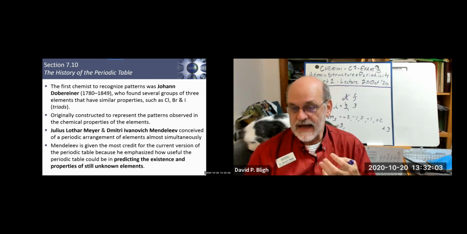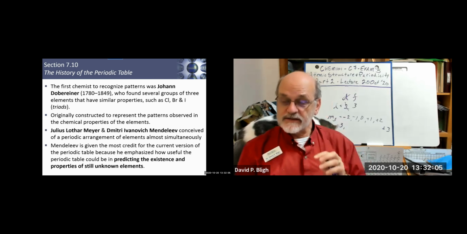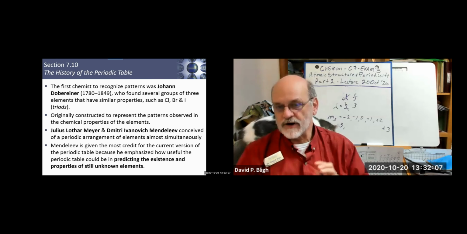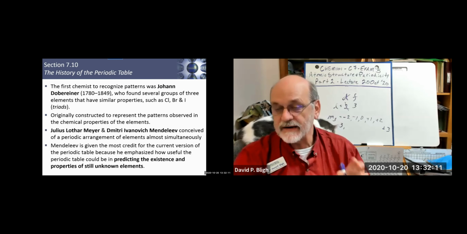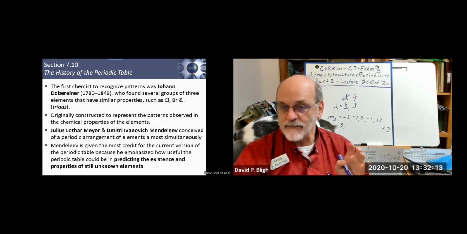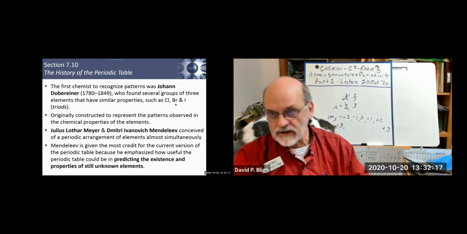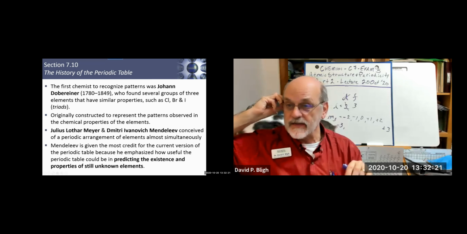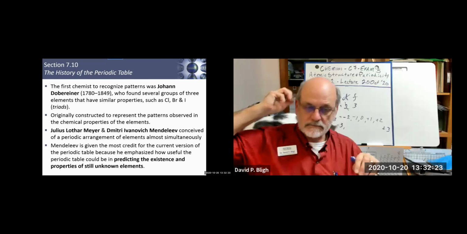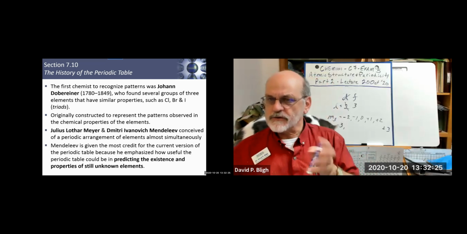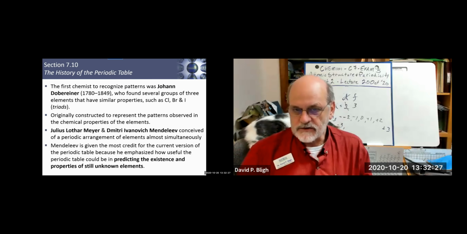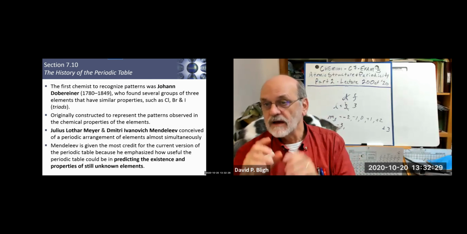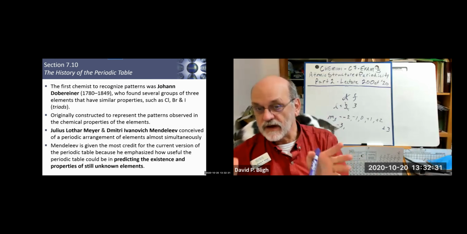He called them triads that exhibited similar chemical properties. And we use chlorine, bromine, iodine here as an example. These are halogens. And we all know that halogens behave similarly when they react with metals, particularly the alkali metals. And he noticed that for several different groups. So there's just an observation, and he let it go there.